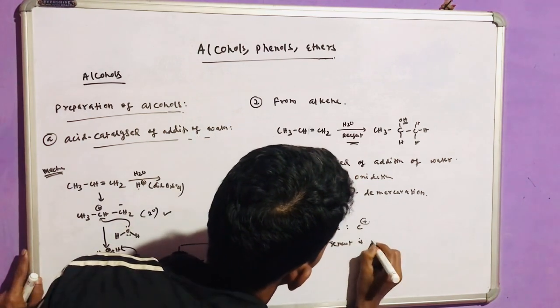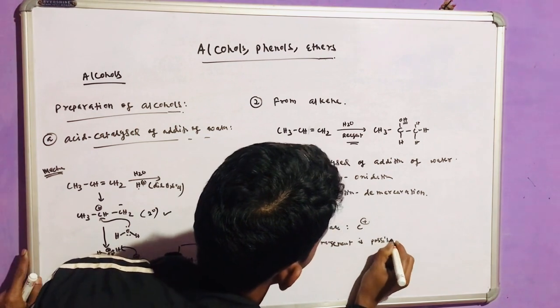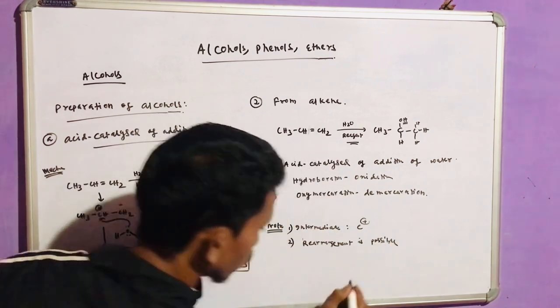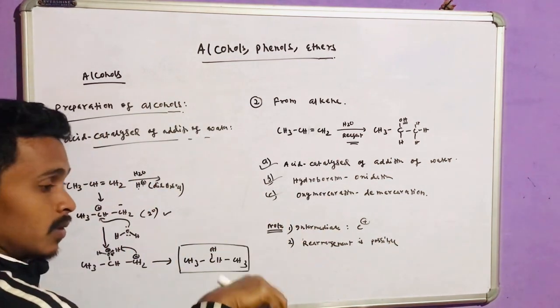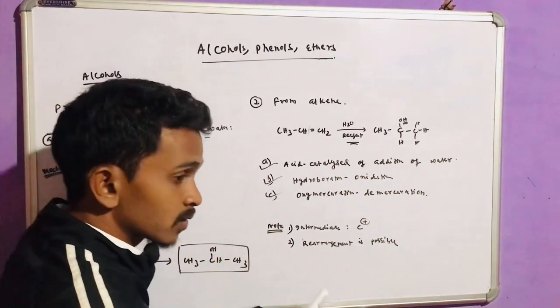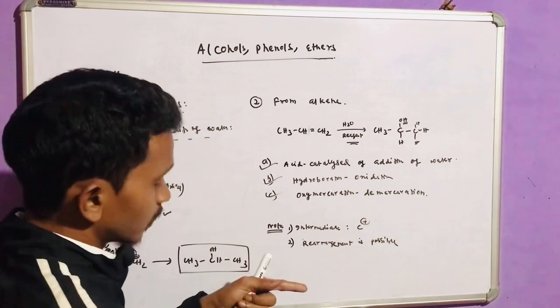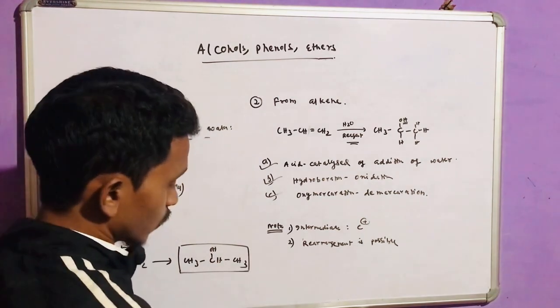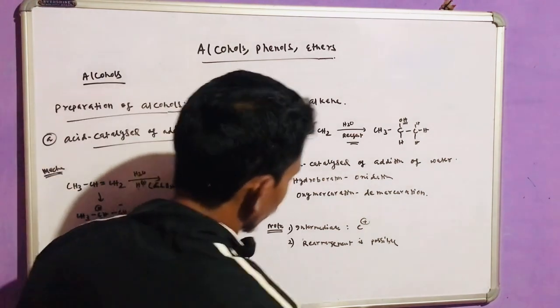If a 3 degree is given to 1 degree, and there is any chance to form a 2 degree, then that will convert to 2 degree, and if there is a chance to form 3 degree, then that will form 3 degree. So rearrangement is possible. Okay.